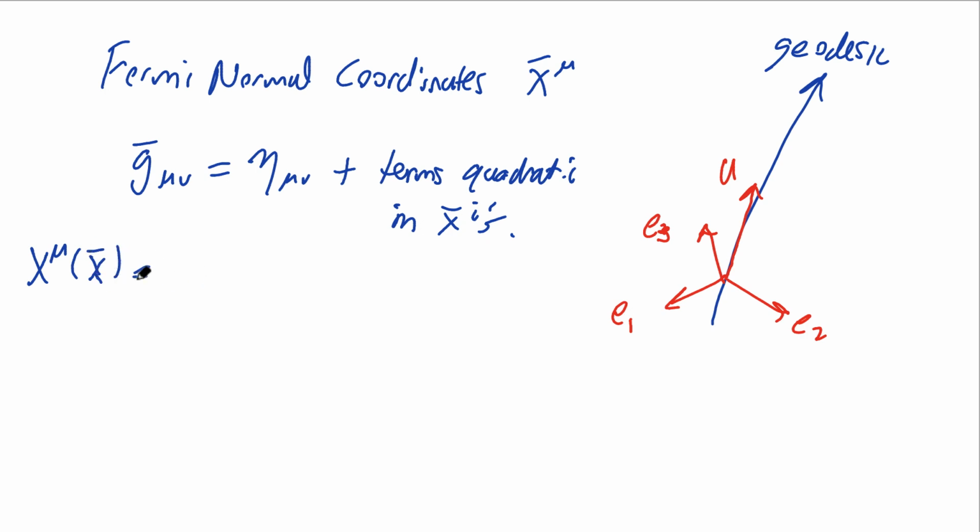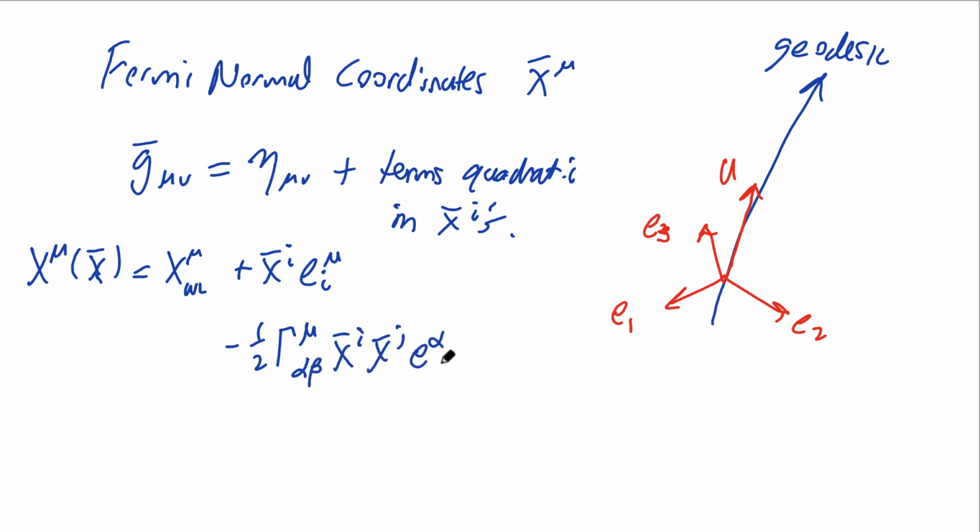So this coordinate transformation was given by just the coordinates along the world line, so along this geodesic, plus x bar i e_i^mu minus 1/2 Christoffel symbols, Gamma^mu_alpha beta, x bar i, x bar j, e^alpha_i, e^beta_j, plus higher order terms.